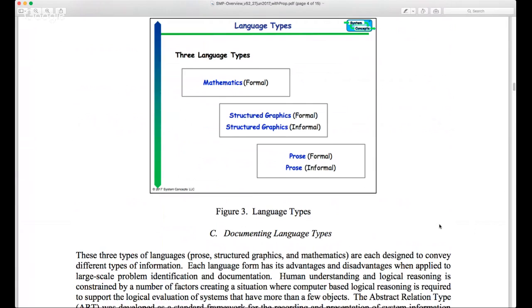And if you're working with a very large audience, that can be problematic. And I also believe that there are some areas here, especially in the mathematics and formal structural graphics areas, where we can address some of these complexity issues and some of the uncertainty through analysis.